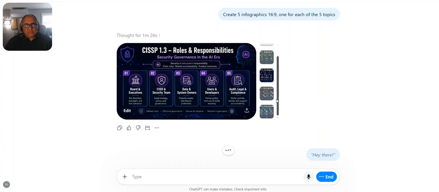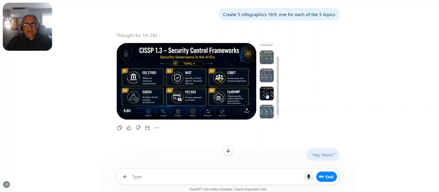Audit, legal, and compliance teams verify adherence and address gaps. While these roles are common in mature organizations, implementation varies based on company size, industry, and regulatory environment. Larger firms typically formalize these roles more rigidly, while smaller ones may combine responsibilities, but the principle remains: accountability must be clear and enforced. Very well.